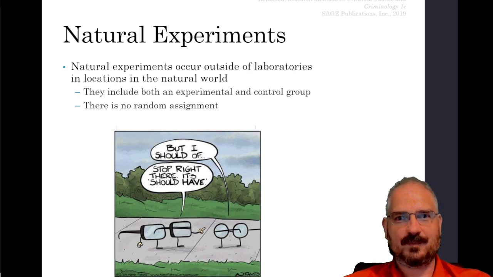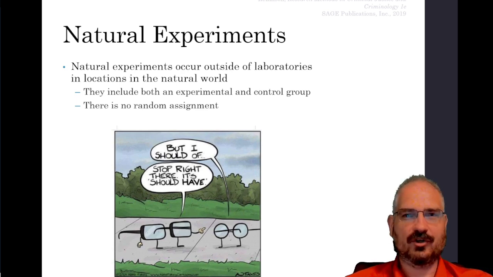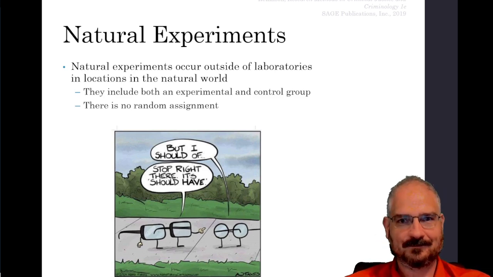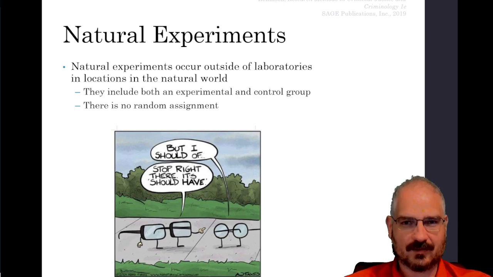So one natural experiment might be 9/11 and fear of terrorism. No researcher said, oh man, I should create a terrorist attack to see how I can affect the fear of terrorism in the world. No. Not only being unethical, that would be essentially impossible.